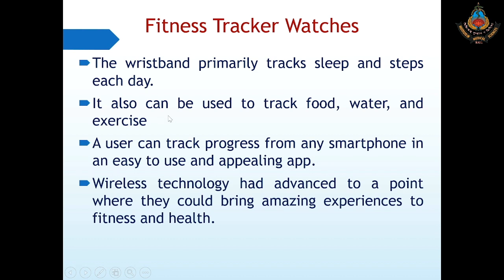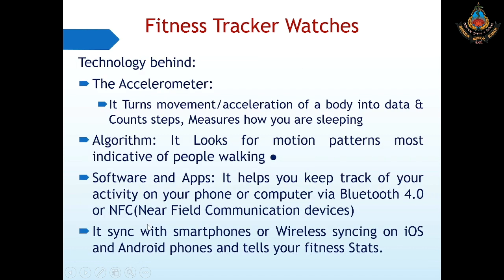It can also be used to track food, water, and exercise. A user can track progress from any smartphone in an easy to use and appealing app. Wireless technology has advanced to a point where it can bring an amazing experience to fitness and health.